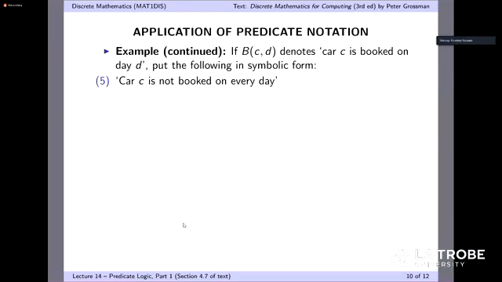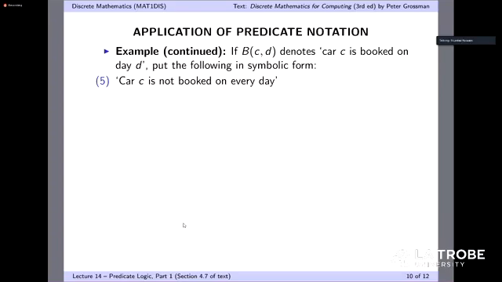So, what's your answer? Anyone? There exists a C for all D but not B, C, D. Say it again. There exists a C for all D but not B, bracket C, D. Okay.